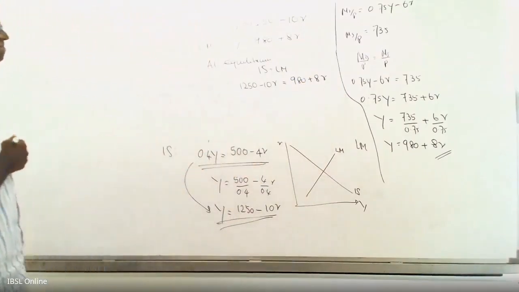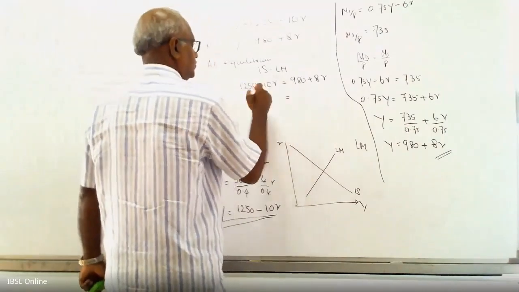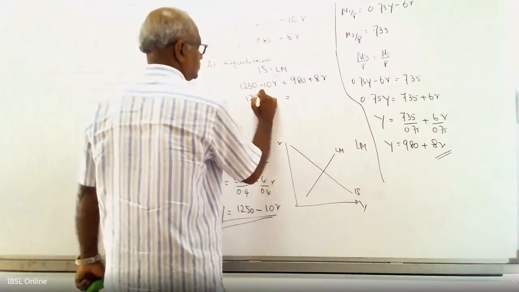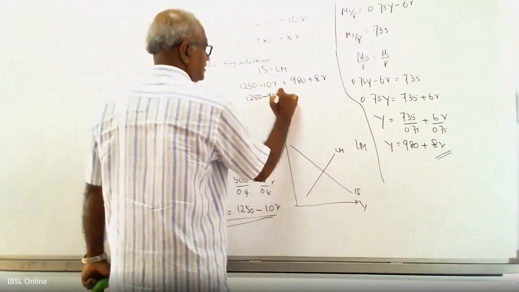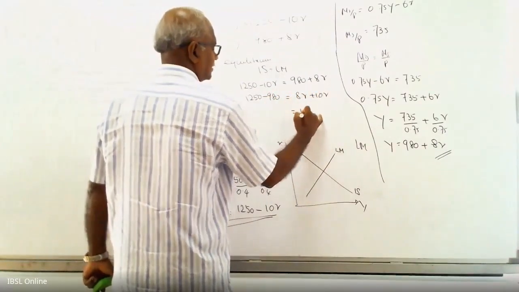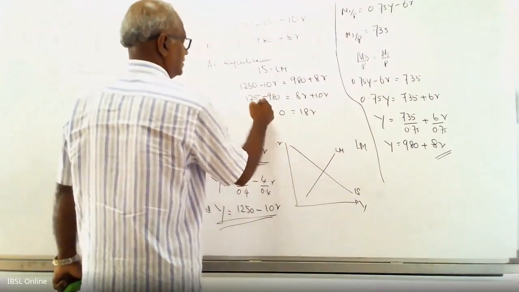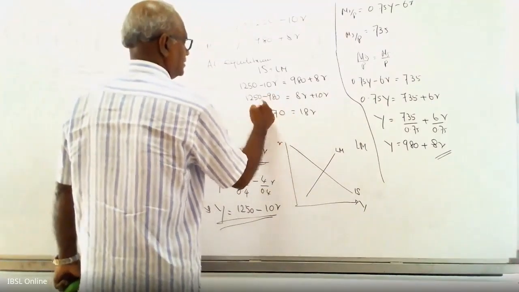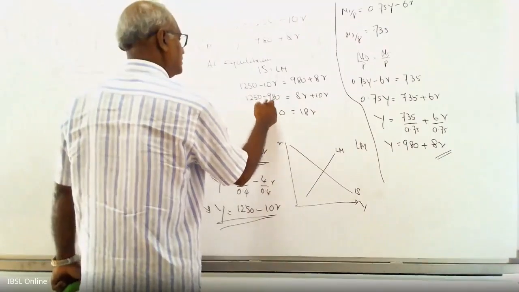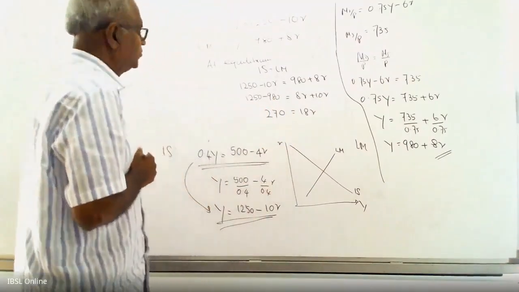To take 10R to the other side and 980 to this side: 1250 minus 980 equals 8R plus 10R, 18R. 1250 minus 980 is 270.